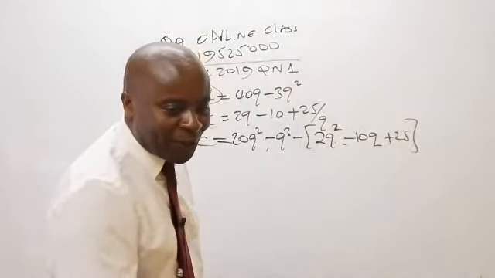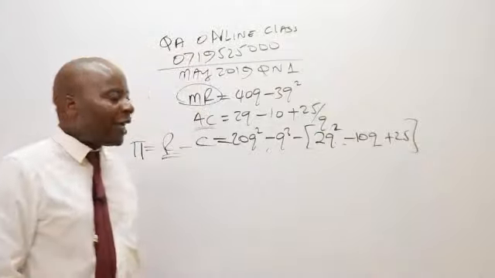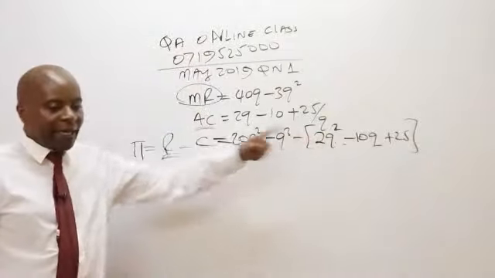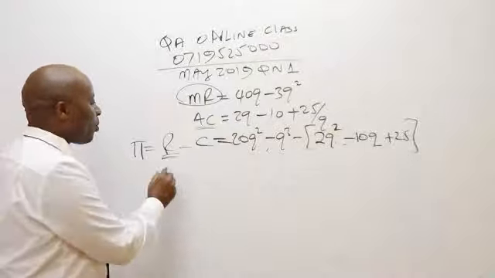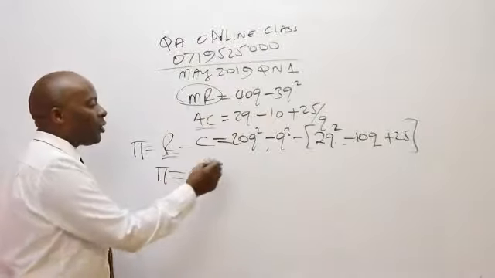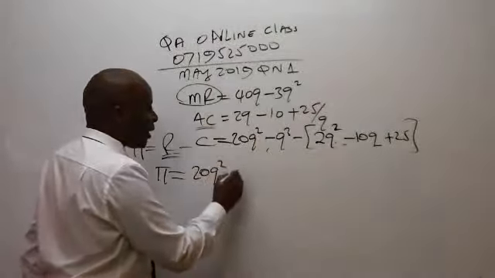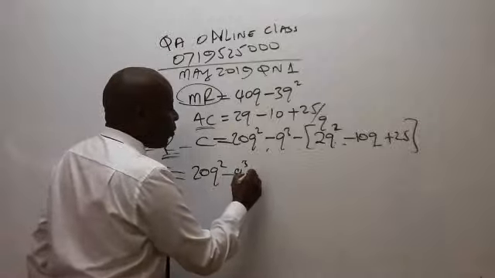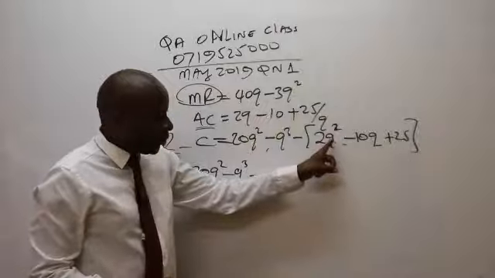So what we need to do is to go ahead, ladies and gentlemen, and open the brackets here. So our profit at the end of the day will be equal to, of course, the terms here will remain. So we have 20Q squared minus Q cubed. And then each of the terms inside here will have to change. The sign will have to change.